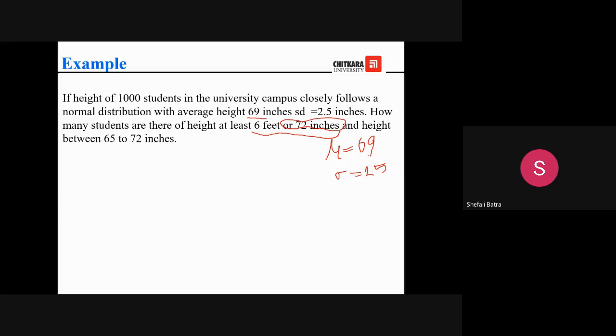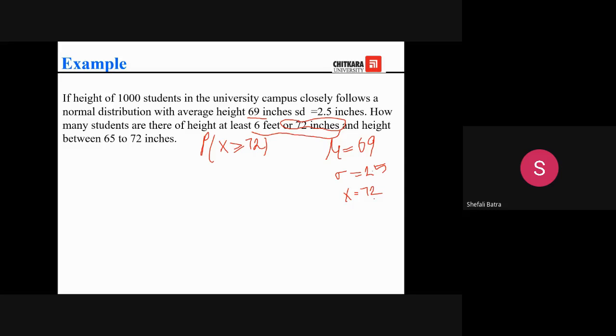Mu is equal to 69, sigma is equal to 2.5, and this you need to find out. At least means 72 and more than 72. So you will be finding capital X greater than or equal to 72. Right? This is your X. So capital X, I'm writing 72.